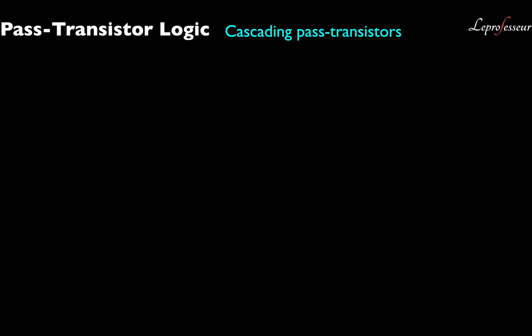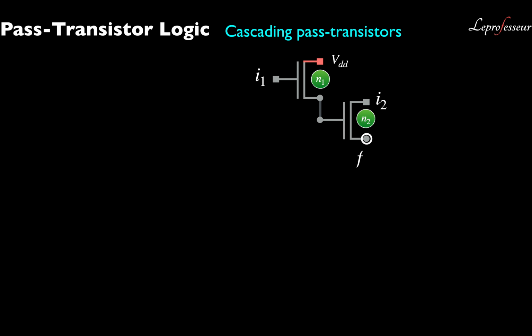Now, one important consideration when designing logic using pass transistor logic is that cascading is actually not good. This means that if we connect one of the terminals to the gate of another pass transistor, we will have a voltage drop at the final output, and that voltage drop will be very significant.